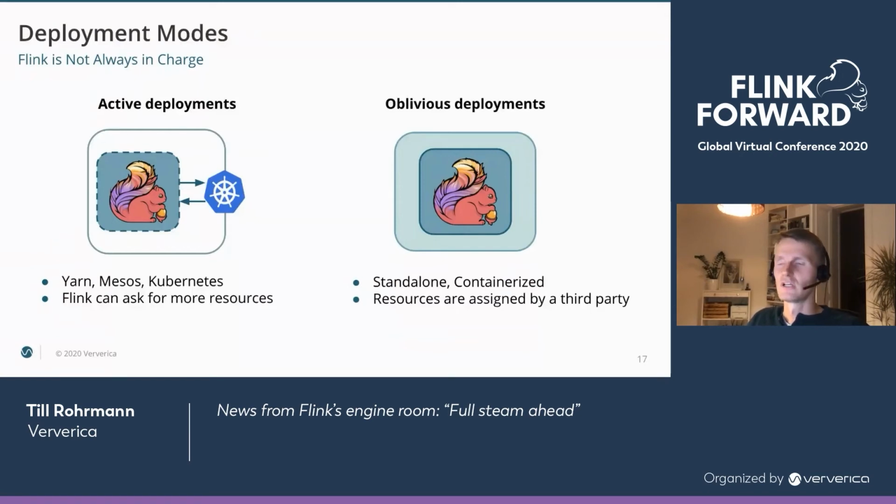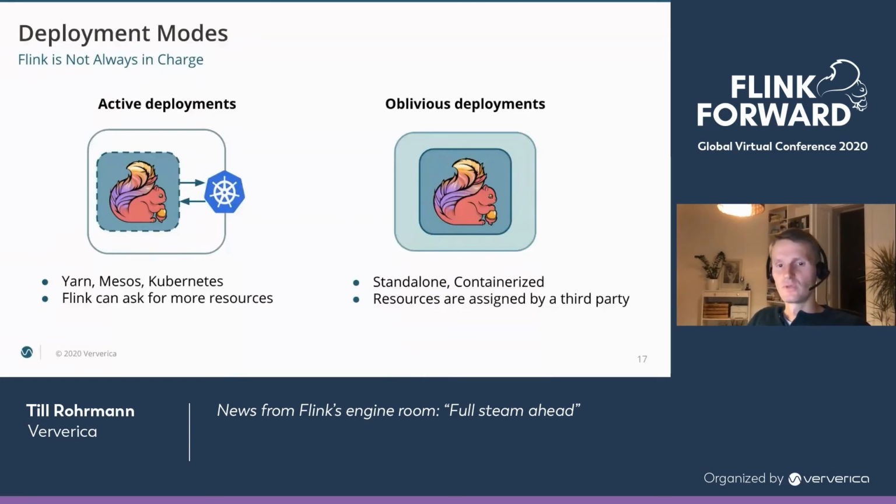For example, this is the case in Yarn, Mesos, or when you use the native Kubernetes integration. And thereby, Flink can ask for more resources if it sees that it needs them. In contrast to that, the other deployment mode is the oblivious deployments. There, Flink does not know where it runs, and it can only work with what it was given by, let's say, the user when he started the standalone deployment, or when running in a containerized environment by some third-party tool or autoscaling groups, for example.